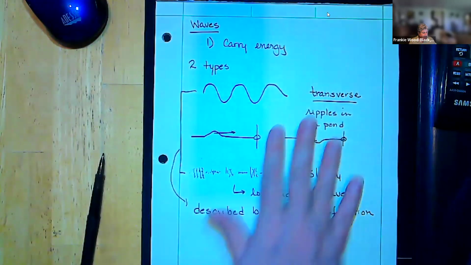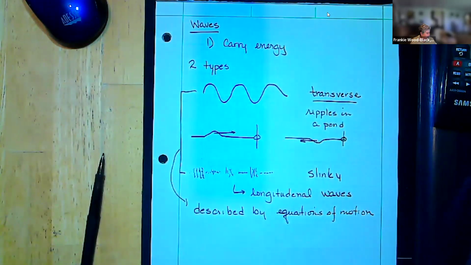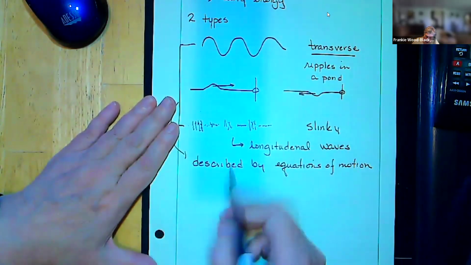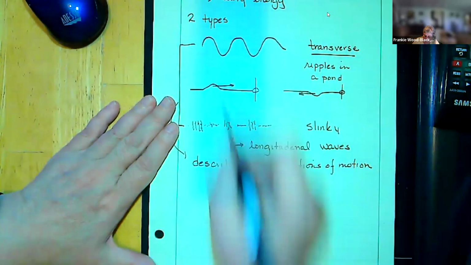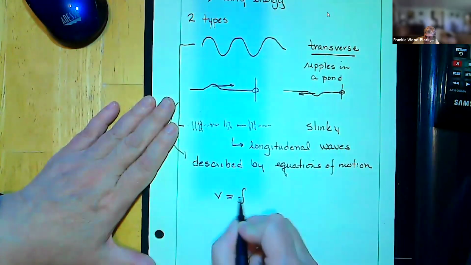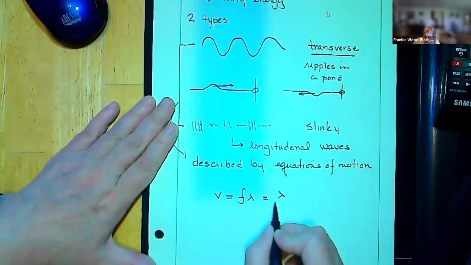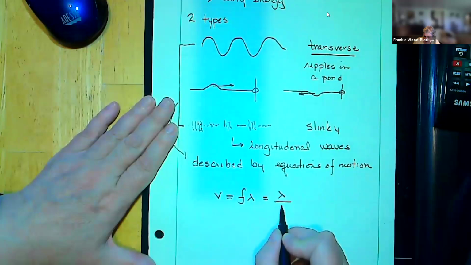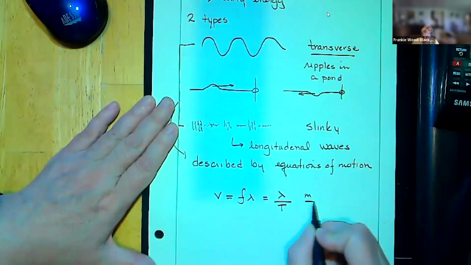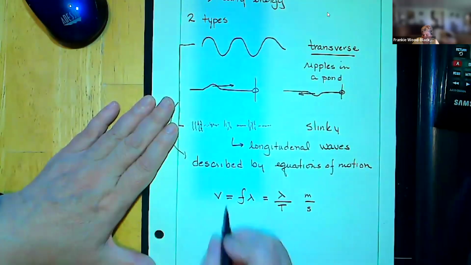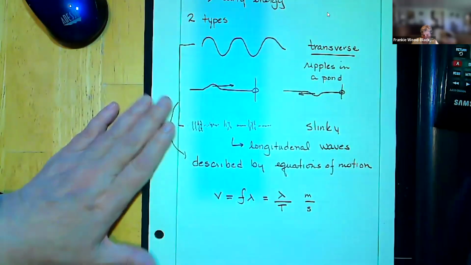But I wanted to introduce that idea about waves and then remind folks that the velocity of a wave is going to equal the frequency times the wavelength, or the wavelength divided by the period. And these are in meters per second.